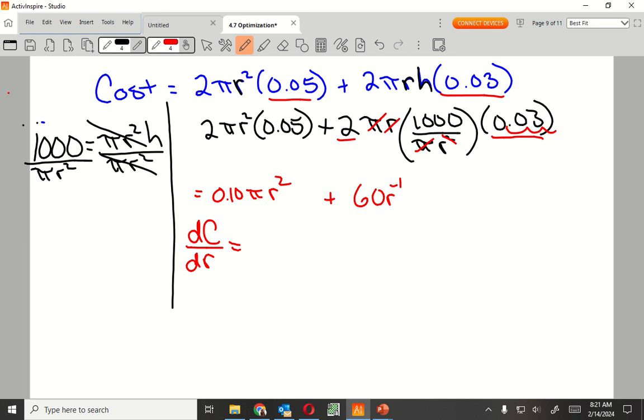Yep, 20 cents, right? So it's 0.20 pi r, and this is going to give me a minus 60 r to the... What's going to happen? Negative 2. Very good. There we go.